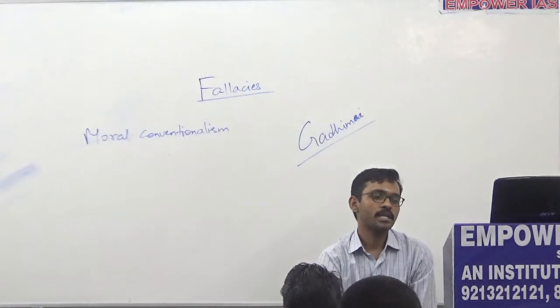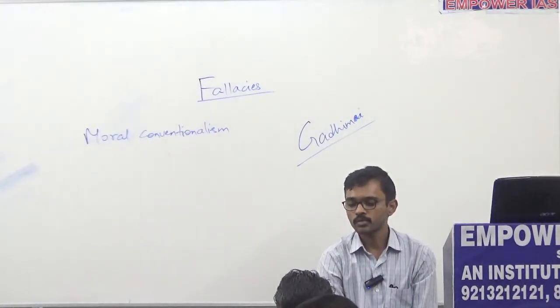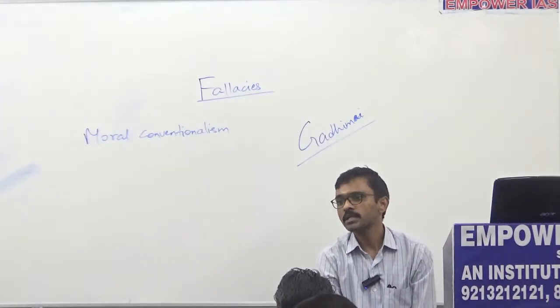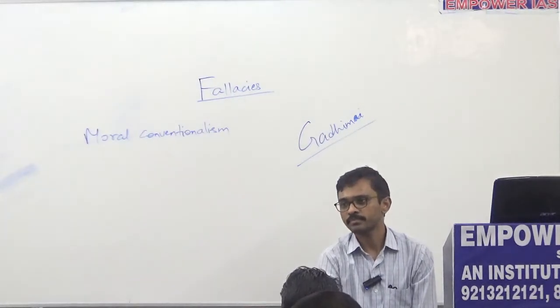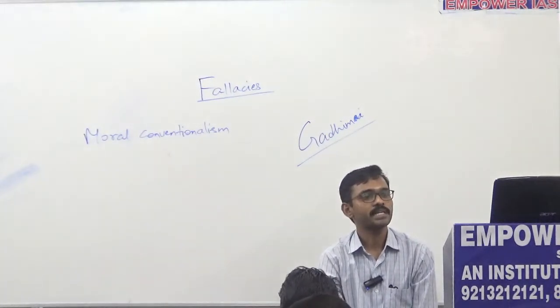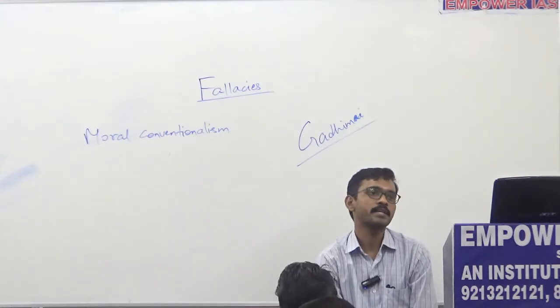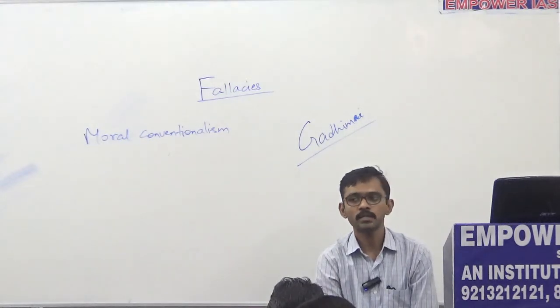Next is moral legalism, the next fallacy. The first fallacy, moral conventionalism, analyzed the relationship between ethics and culture. The second, moral legalism, analyzes the relationship between ethics and law.